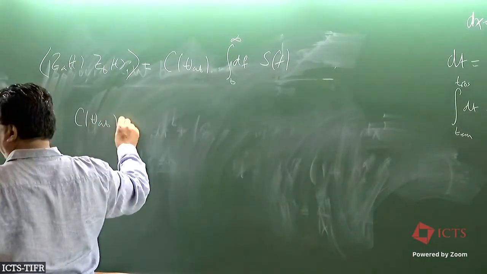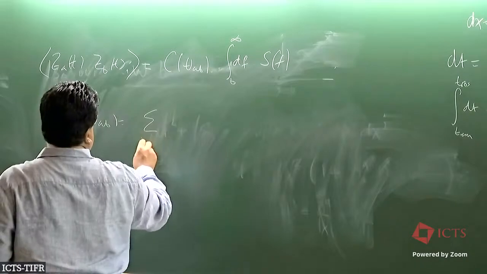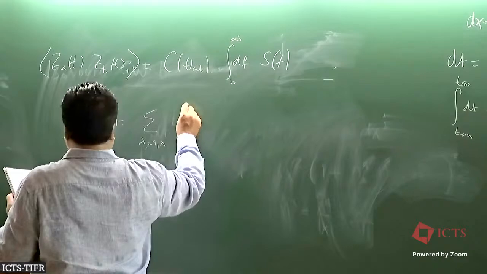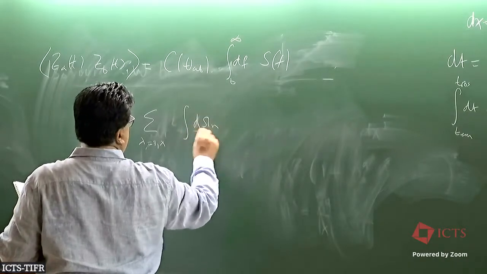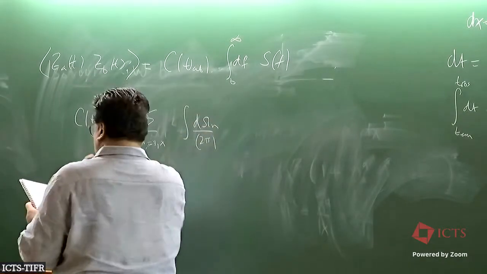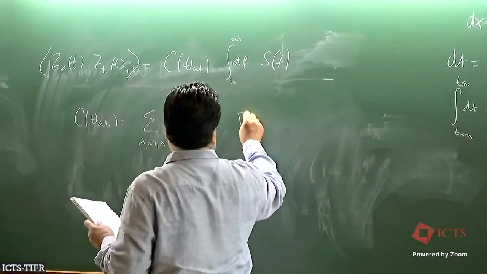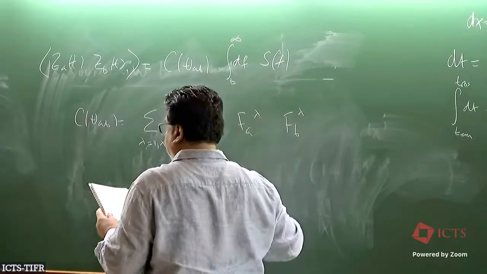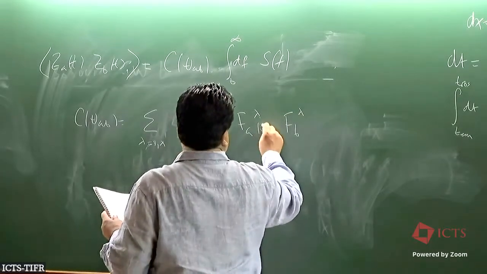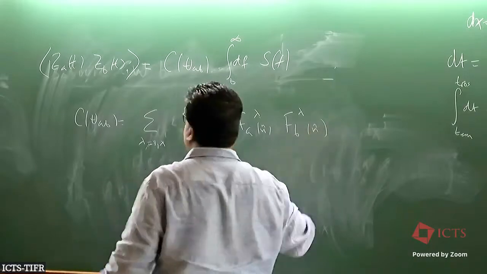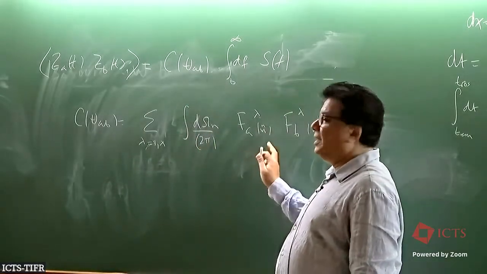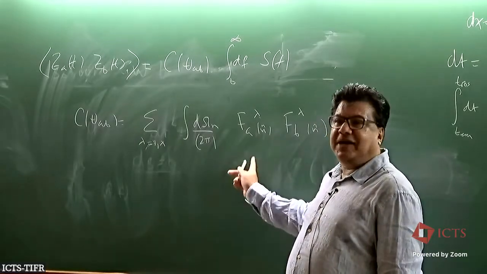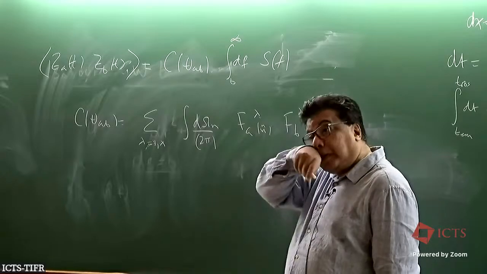Theta AB is basically the Hellings-Downs correlation function, where F_A and F_B are functions of two angles.